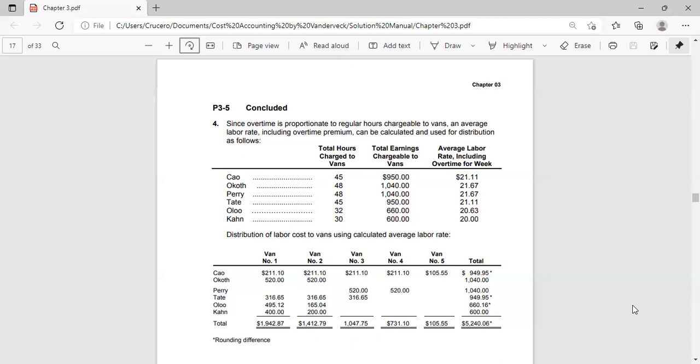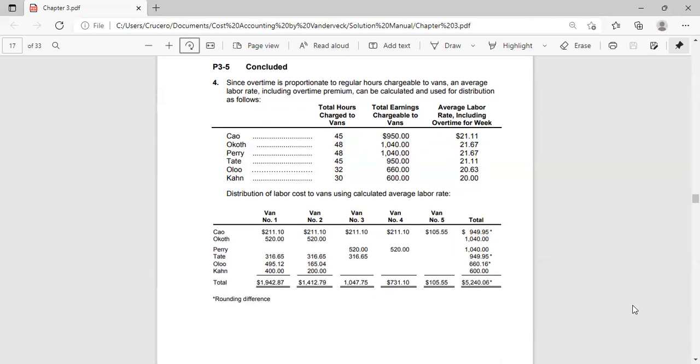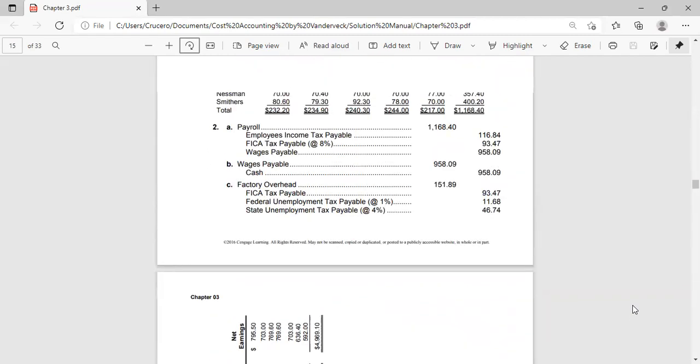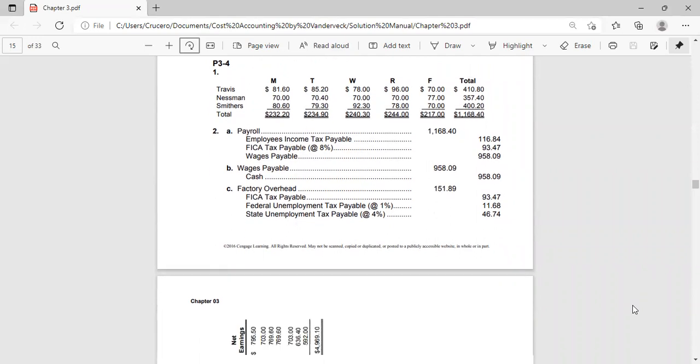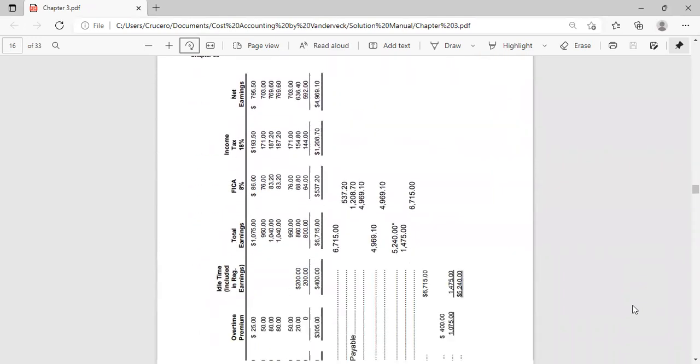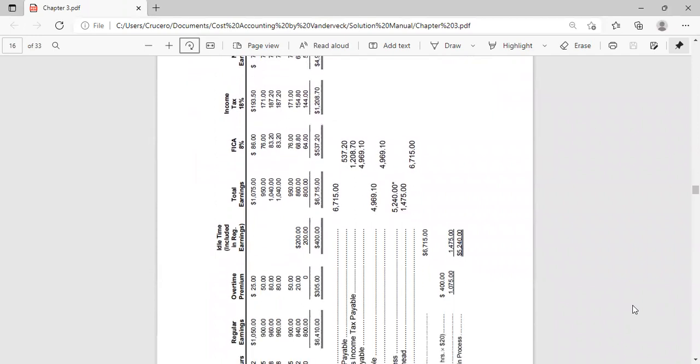So we have now two workers, 1,040. May I refer you back to requirement number 1 with the number of hours. So you can now get 1,075.